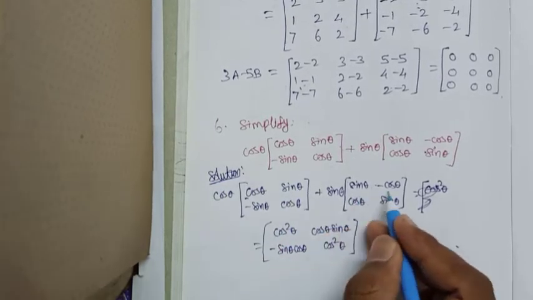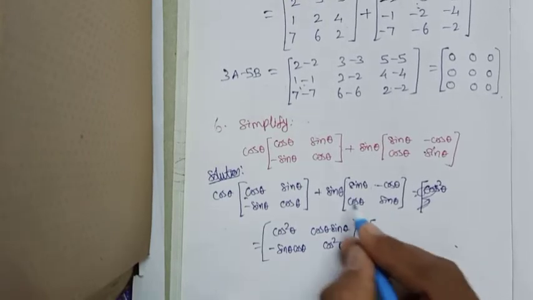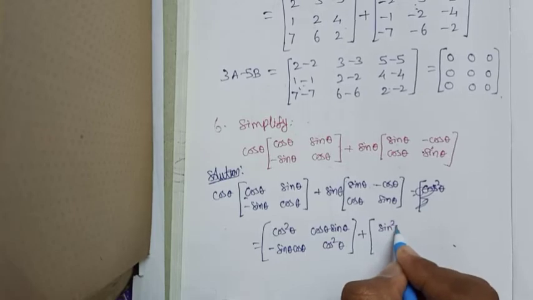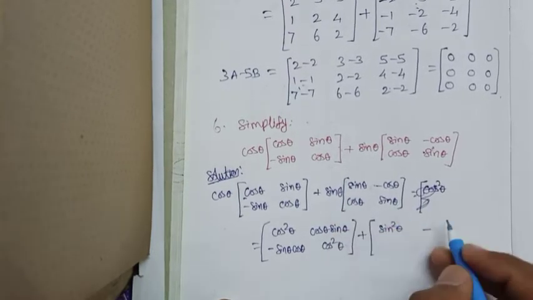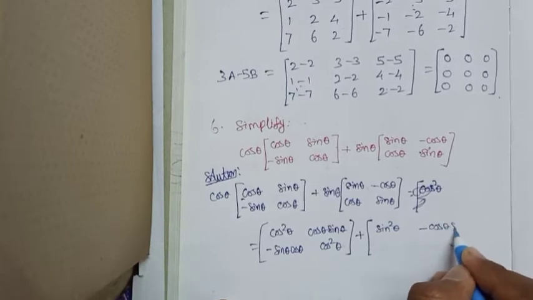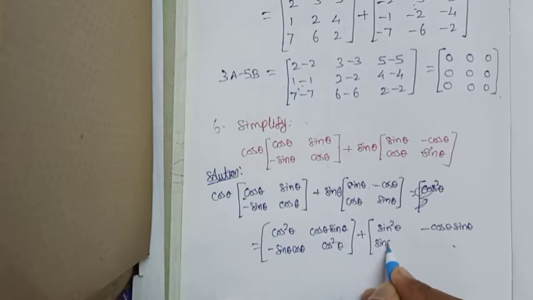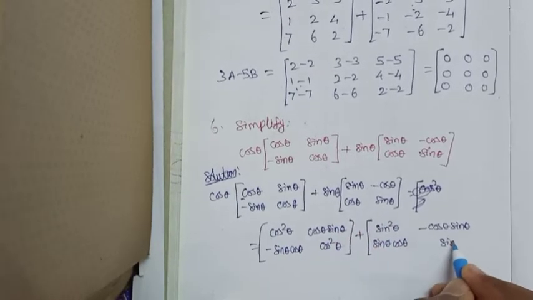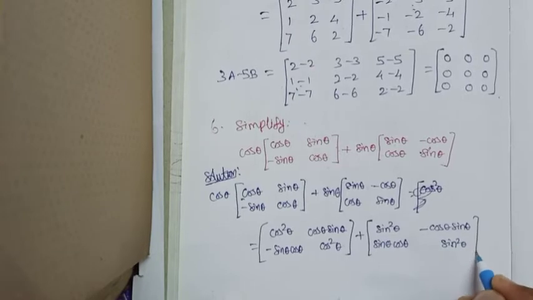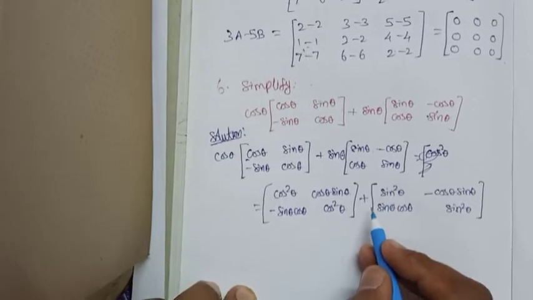And plus sin theta multiplied in each term. So plus here sin square theta, and multiply minus into plus, minus cos theta sin theta, here sin theta cos theta, and sin theta into sin theta, sin square theta. Now we have to add the matrices, so that is very easy.